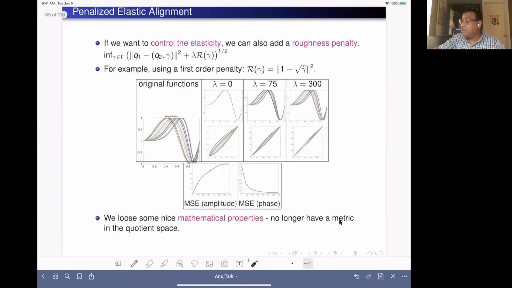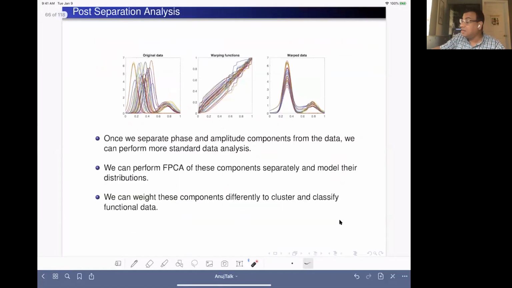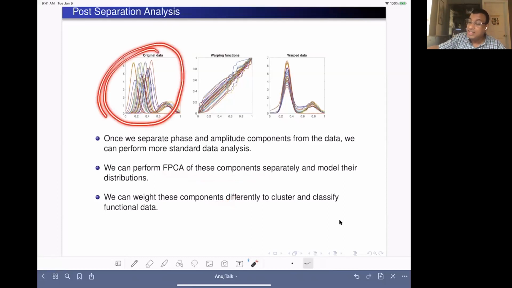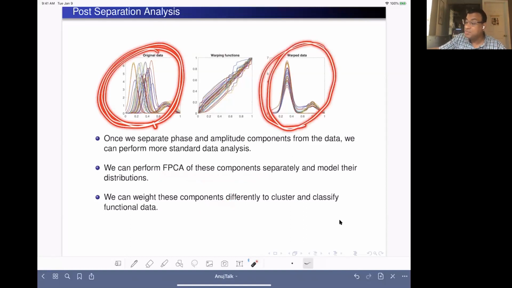So what do we do with this? I did mention briefly that once you have this code for separating functions into amplitudes and phases, you can return to more traditional statistics in these spaces. If we compute the mean and the covariance in the original space, you will lose all the structure. But if we compute the mean and the covariance in this space and in this space separately, you have a great preservation of structure.